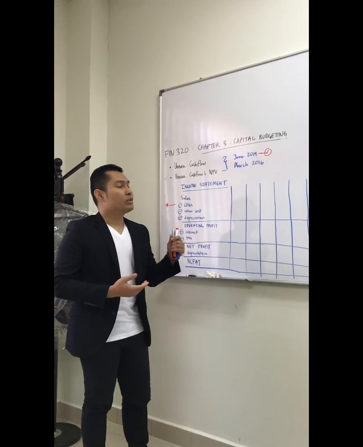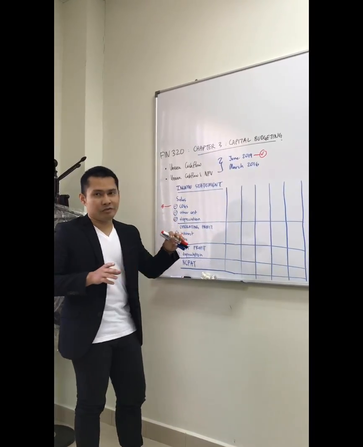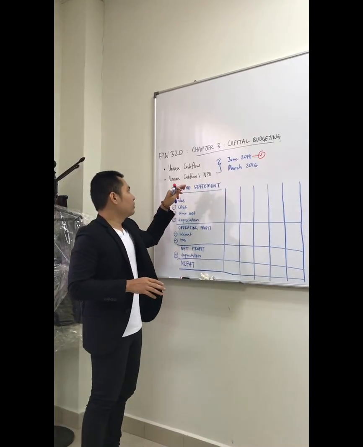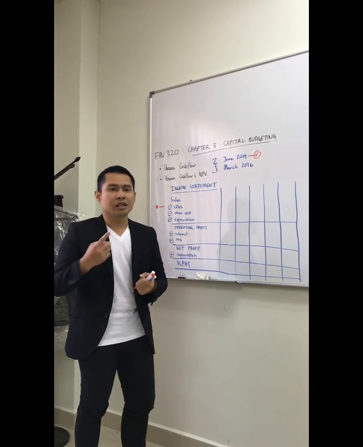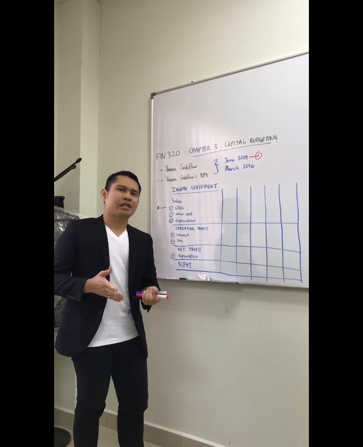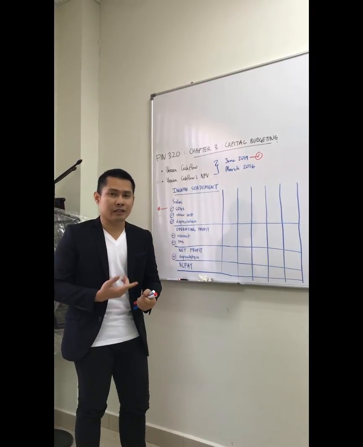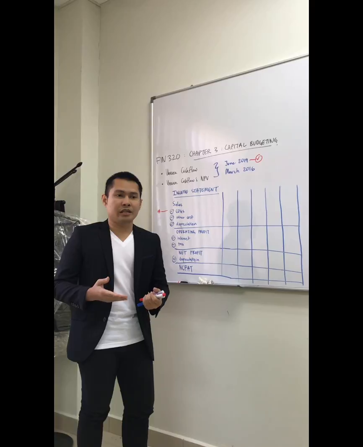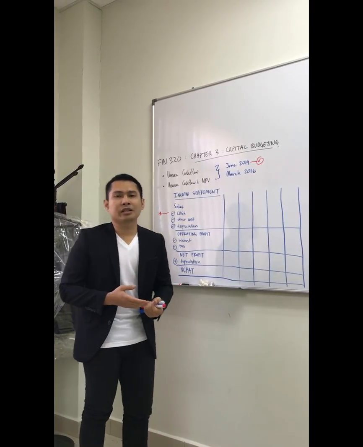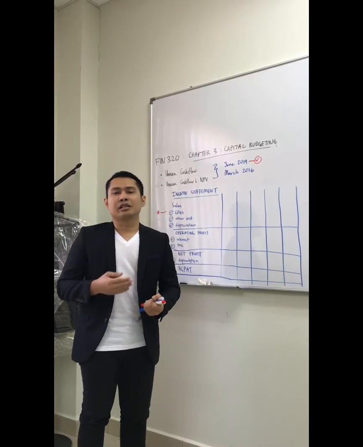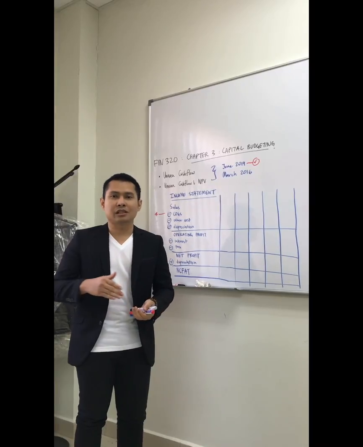Okay guys, so for the next problem I will address what if you have an uneven cash flow, and when you have an uneven cash flow you will definitely have an uneven NPV. Now what is uneven cash flow? Now if you notice, based on the past years that you have done, all the questions said that they are using the SLM depreciation method. With the SLM depreciation method, the annual depreciation will be consistent from year 1 until year 5.